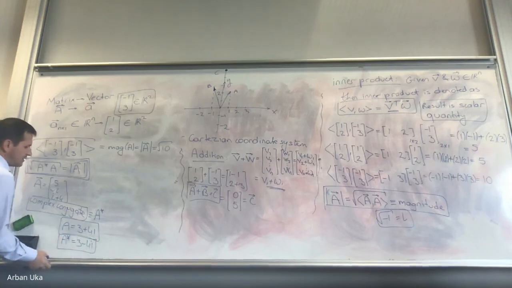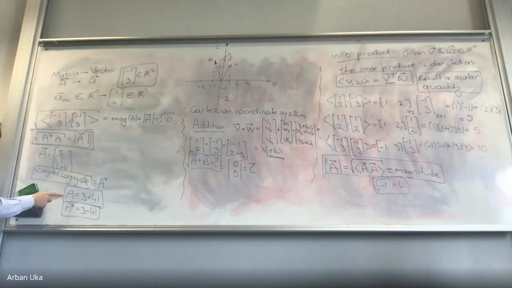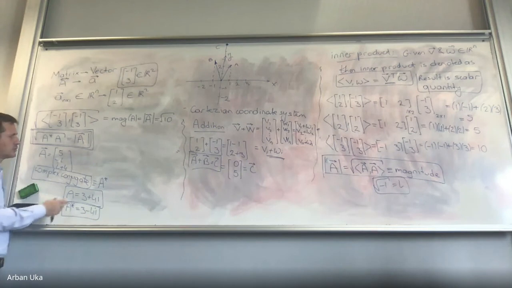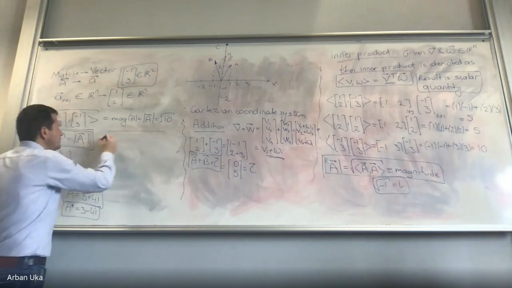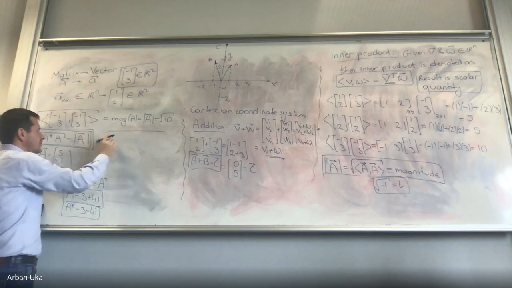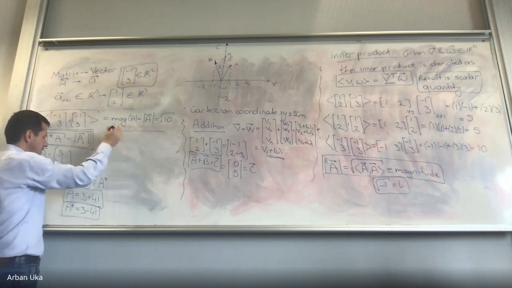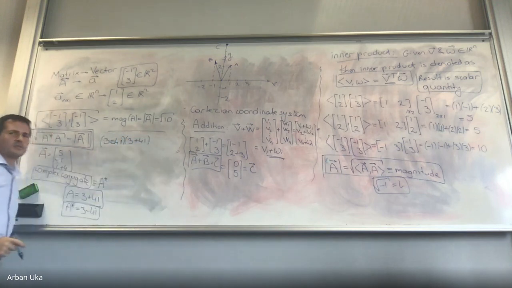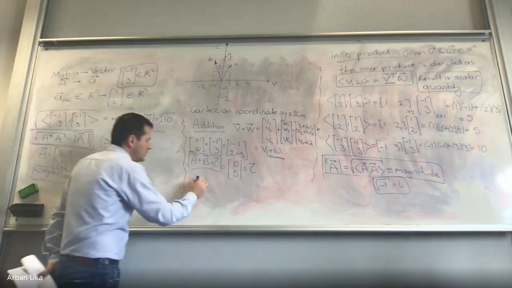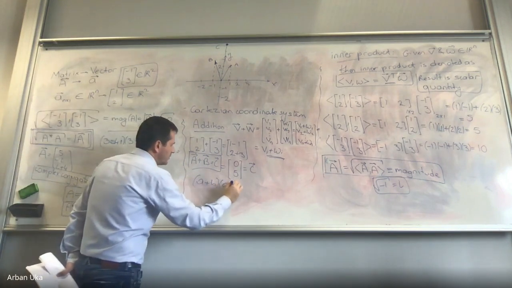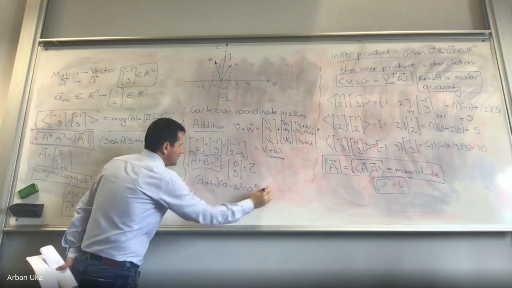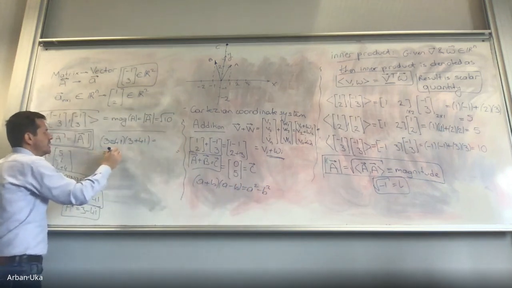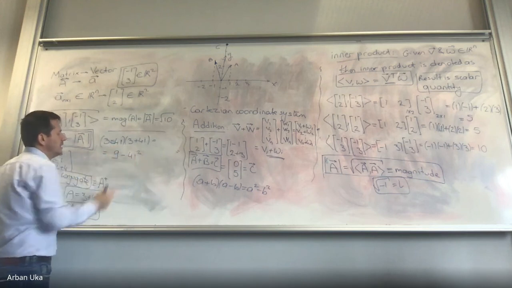So if we want to find the magnitude of this vector A, we will just have to multiply these two together. Let's see what we get. 3 minus 4i times 3 plus 4i. So what is the product of these two numbers? It's a squared minus b squared. This is 9 minus 4i squared.